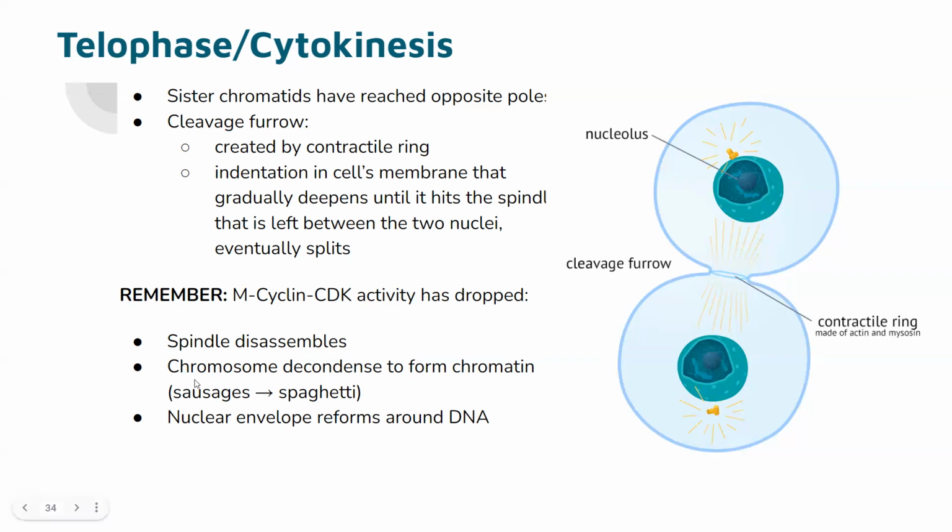Goes from sausage to spaghetti, and the nuclear envelope is going to form around the DNA, which is basically the recreation of the nucleus and nucleolus.